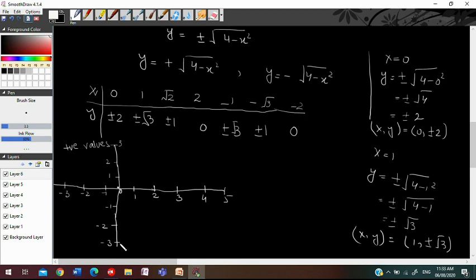So the first value is 0, and for 0 we have y is +2. This one.